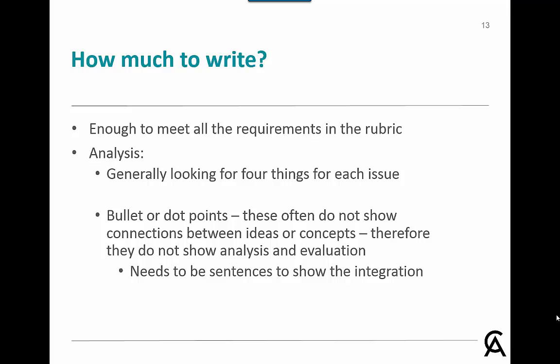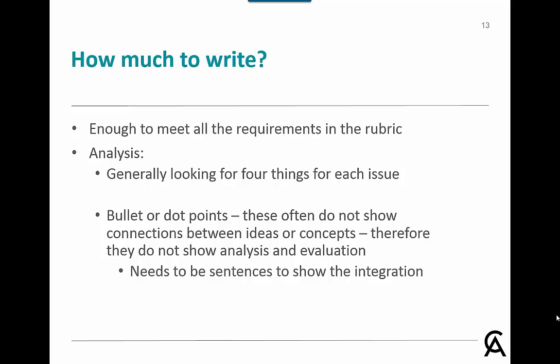Now, there is a point about bullet or dot points, depends on what term you use. These often do not show the connection between ideas or concepts, and therefore they don't show analysis and evaluation. You generally are going to need to use sentences to show how the fact is relevant, and then how that relevance relates to other parts of the business, and how that creates a so what.